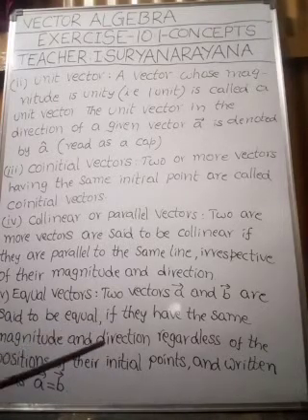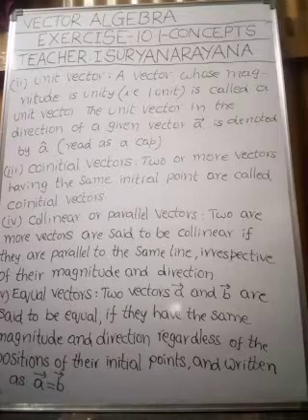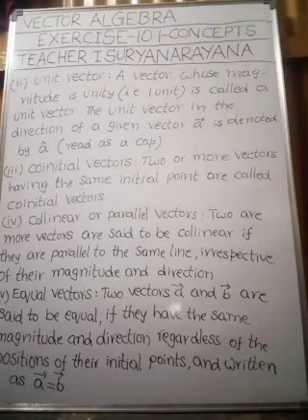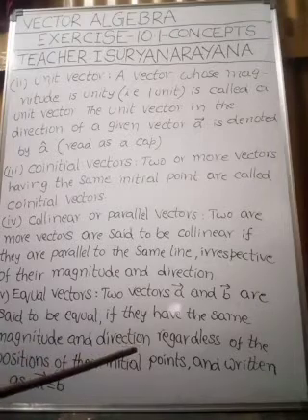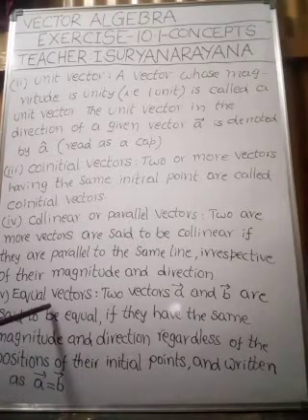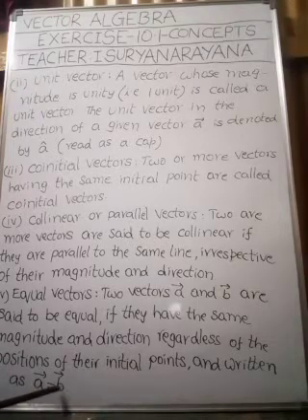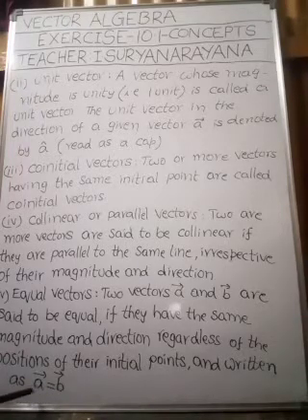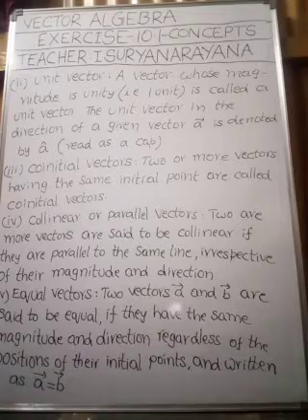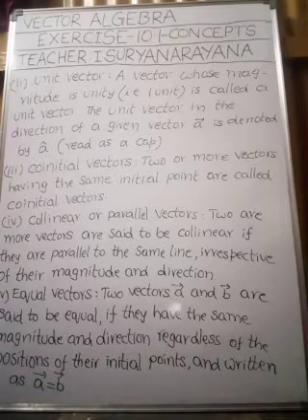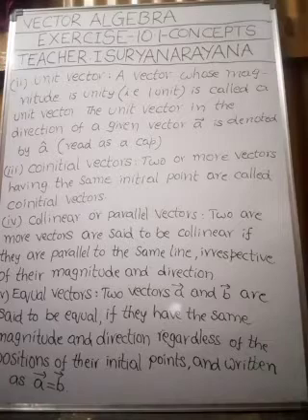Two vectors A bar and B bar are said to be equal if their magnitude and direction are the same. Then the vectors are said to be equal vectors and it is denoted by A bar is equal to B bar. Remember this notation also, my children, to denote equal vectors. Okay, my children? Right.